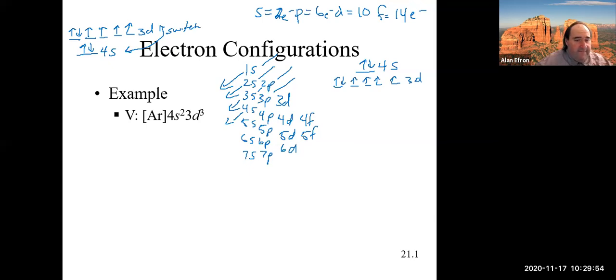So this is filling when you fill it. This is after it's sort of filled. And that affects a couple of things.